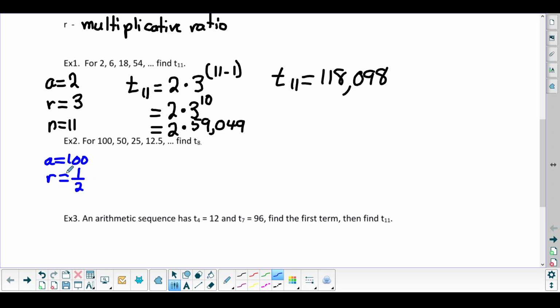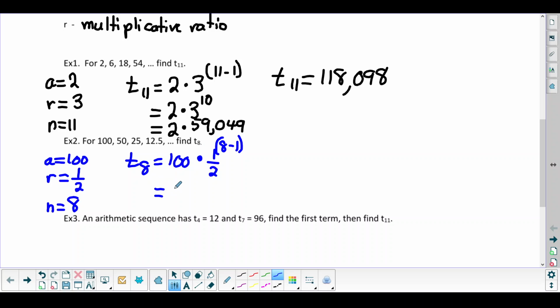We can't write a division in, we write it as a reciprocal multiplication. And the term we're trying to find here is the 8th term. Okay, so T8 is going to be 100 times 1/2 to the power of 8 minus 1, which is 1/2 to the power of 7.